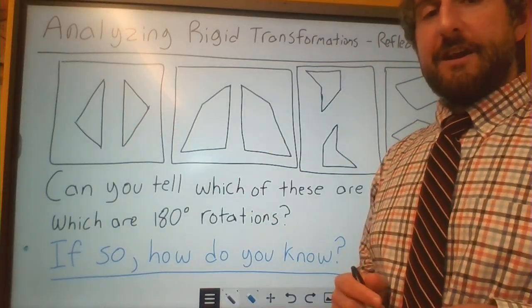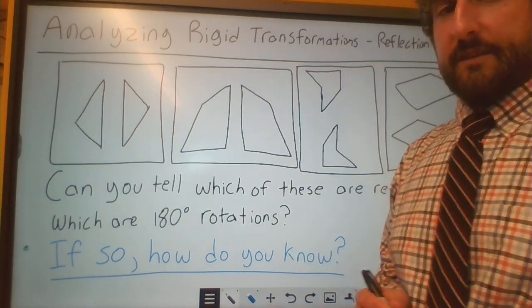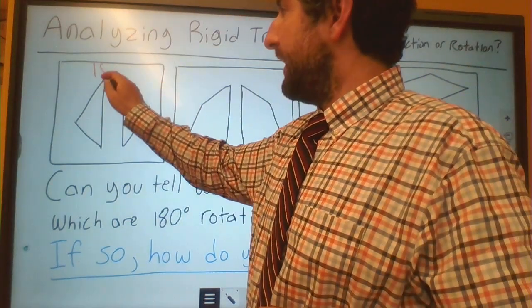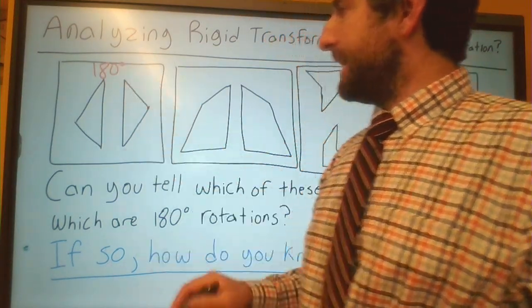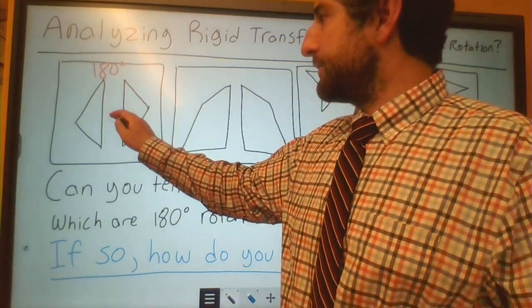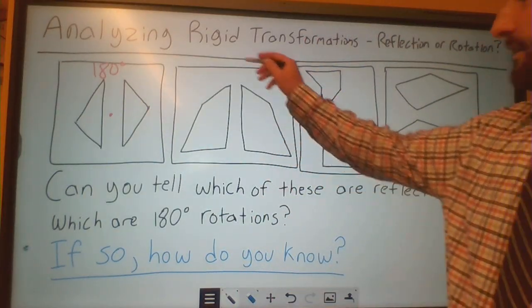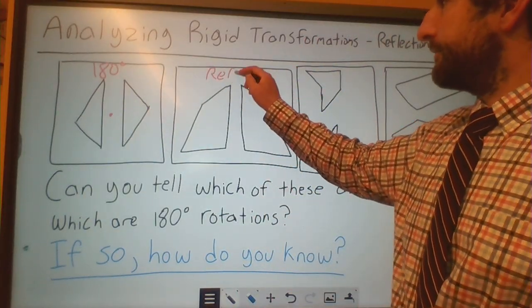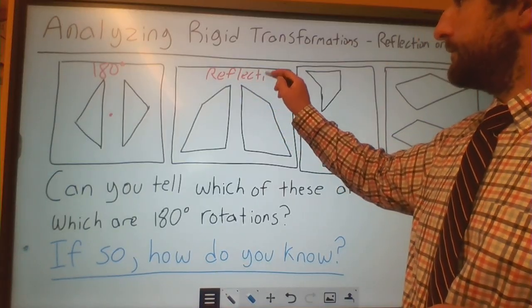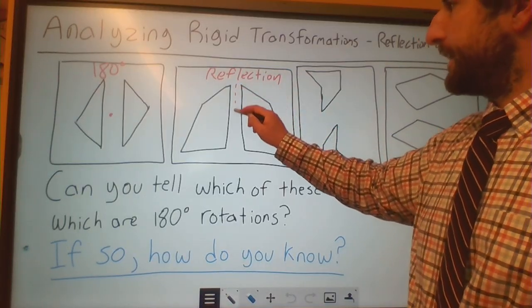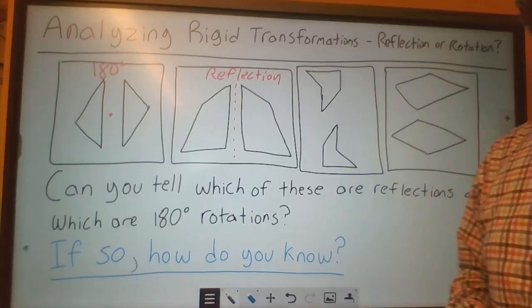Number 1, reflection or rotation. This is a 180-degree rotation with a center of rotation right about here. Number 2 is a reflection with a line of reflection down the middle.